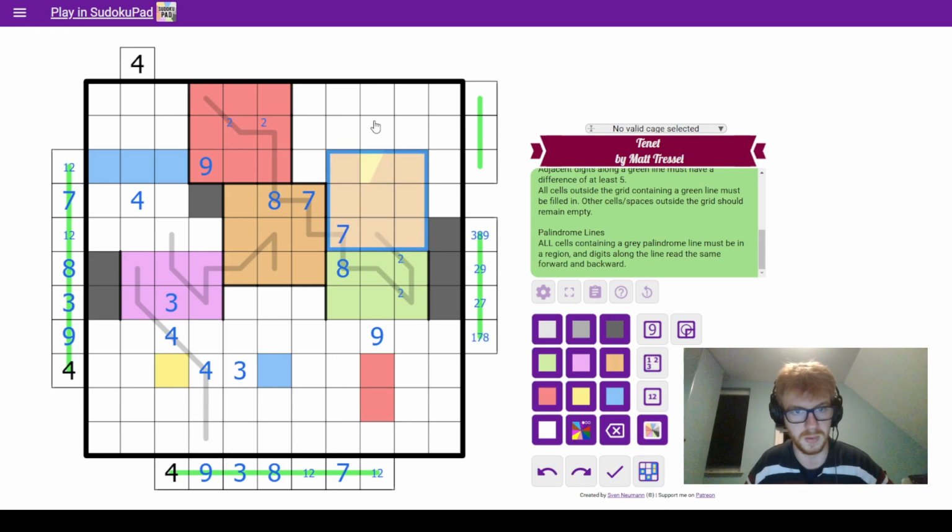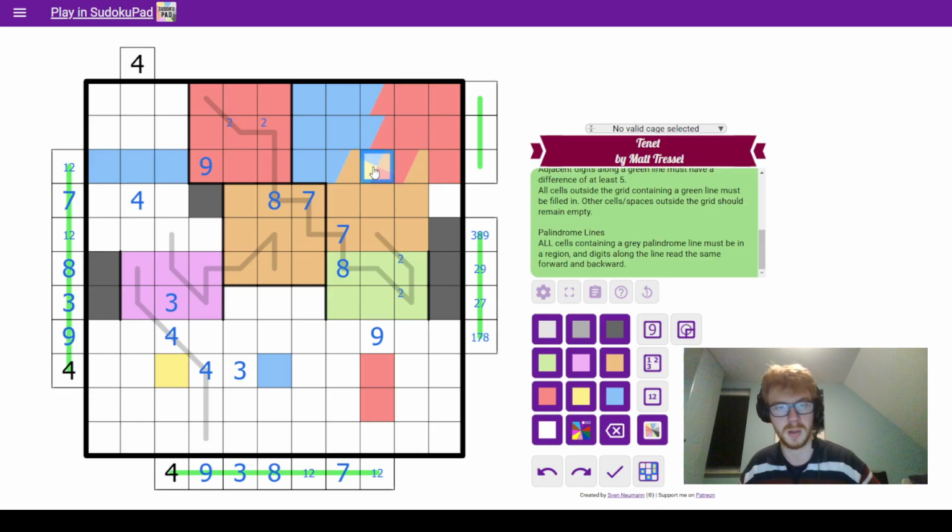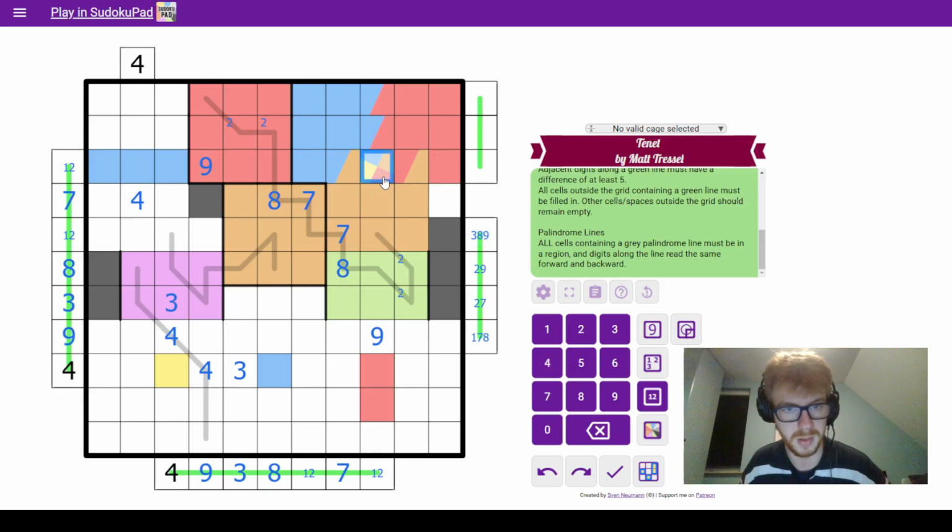I'm gonna choose a few different colors here. This one, and this one. The only cell they all overlap in is this one. Red, green, red, orange, and blue. Yeah, this is the only one that's red, orange, and blue.